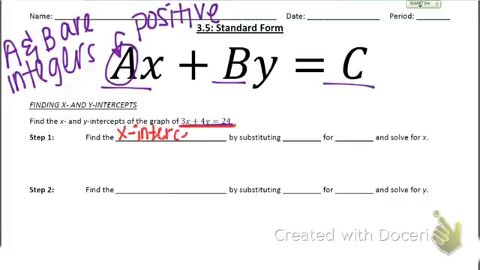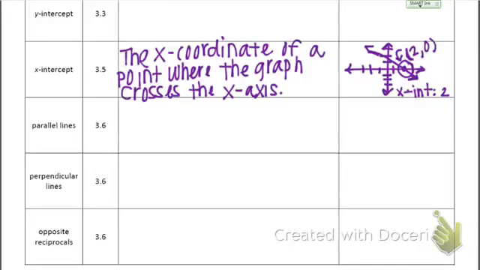By substituting something in for y and solving for x. Looking back at the definition, look at the coordinate of this x-intercept. What is the y-coordinate of the x-intercept? 0.